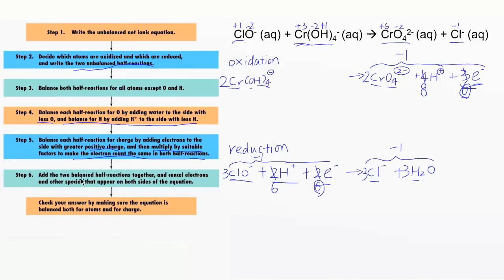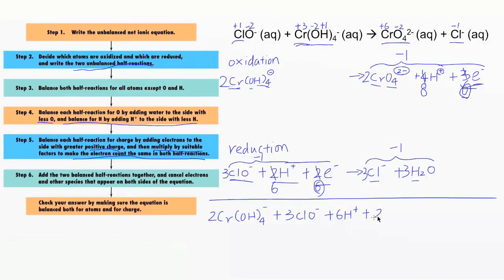Step 6, add the two balanced half reactions together and cancel electrons and other species that appeared on both sides of the equation. So what you need to do is you add these two half reactions together. Reactant side: 2Cr(OH)4 minus plus 3ClO minus plus 6 protons plus 2 electrons.